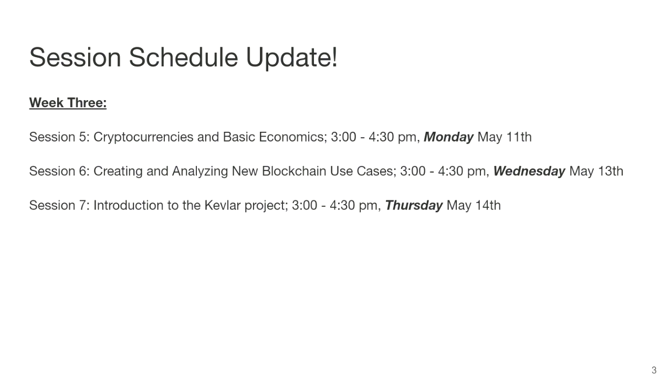I'm going to leave you Monday with a little bit of a critical thinking homework assignment. And on Wednesday, we're going to take the ideas you come up with and analyze them as a group, which is going to be fun and challenging, Karen. Then on Thursday, we'll talk about the Kevlar project, which you've gotten some hints for already, and I'm not going to give you any more right now.